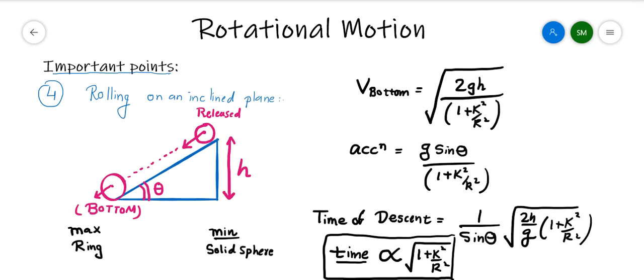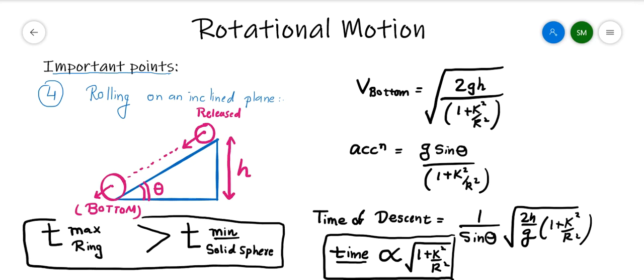Hence time of descent is also maximum for the ring, and minimum for the solid sphere. It's a very important point that a student should keep in mind. Remember one simple thing, that the ring takes more time to come down as compared to the solid sphere. The solid sphere takes less time to come down. So keep this point in mind.